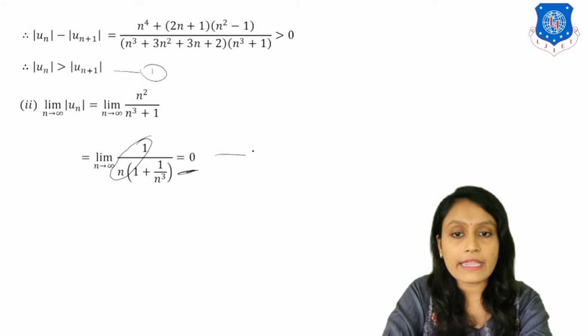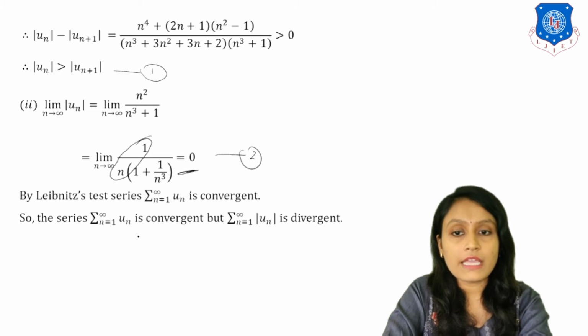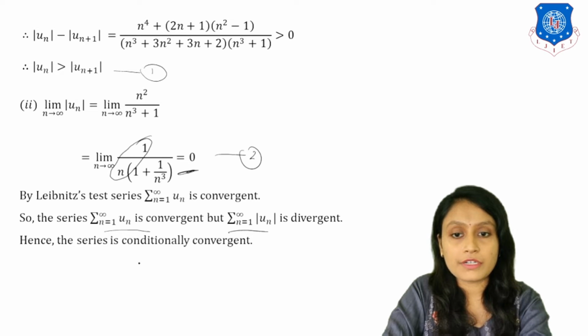This is the second condition of the Leibniz test. So by the Leibniz test we can say that the given series Un is convergent, but the series mod Un is divergent. Therefore, the given series Un is conditionally convergent.